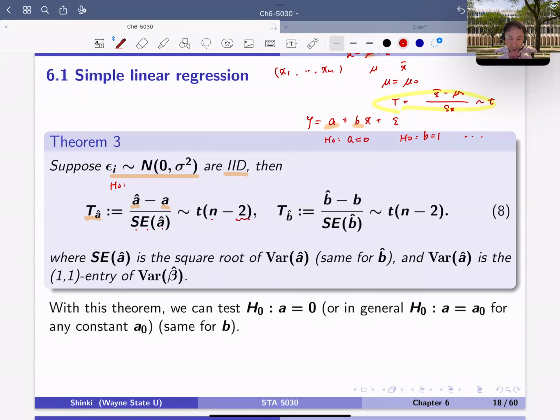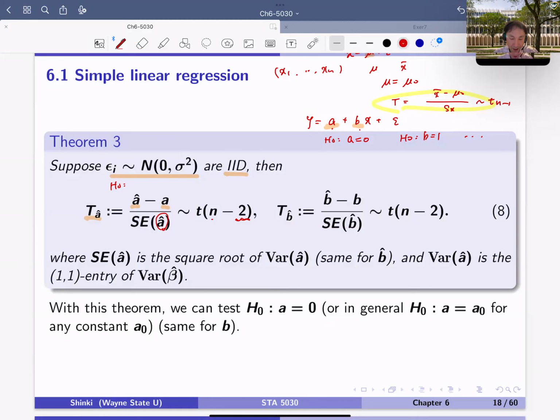Here, 2 is a little different from the t-test, where we have n minus 1. But since we estimate 2 parameters, we get 2 here. Standard error is basically the standard deviation. If the quantity inside is some estimate, then its standard deviation is called the standard error.